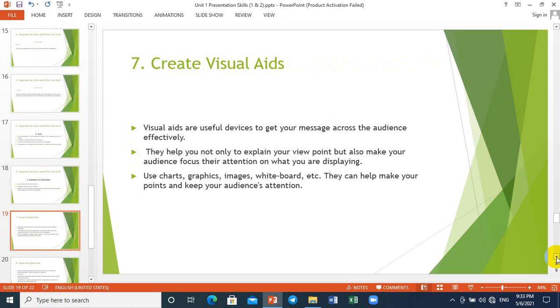The seventh step is to create visual aids. Visual aids are useful devices to get your message across to the audience effectively. They help you not only to explain your viewpoint but also make your audience focus their attention on what you are displaying.